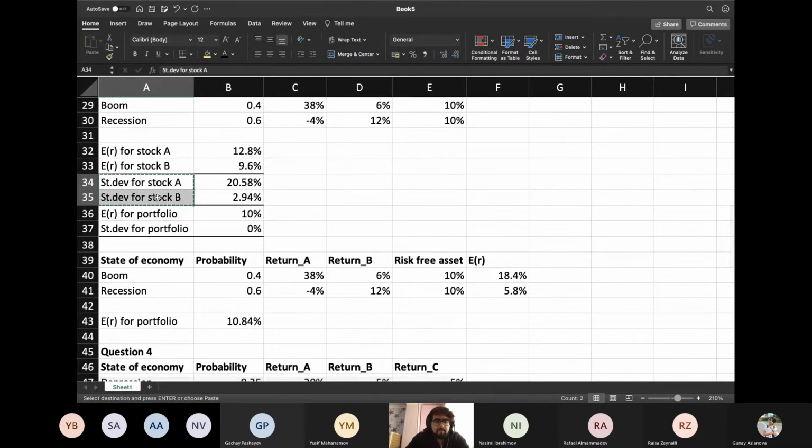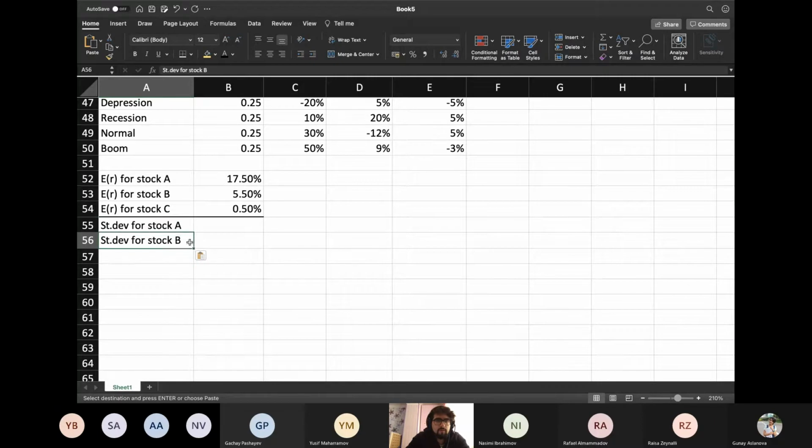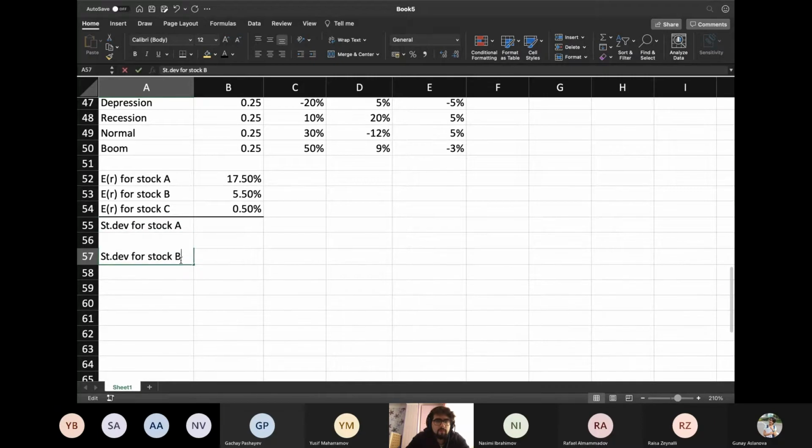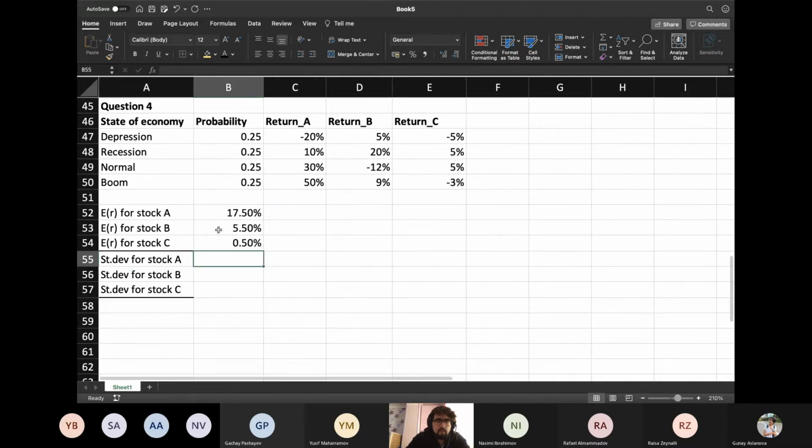Again, stock A and B, C. 0.25. Let me write it like that.